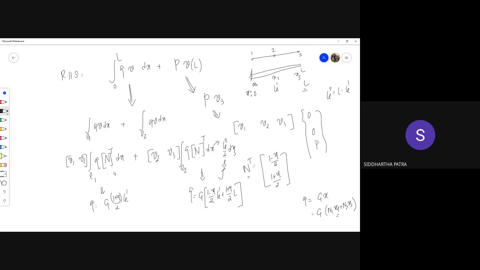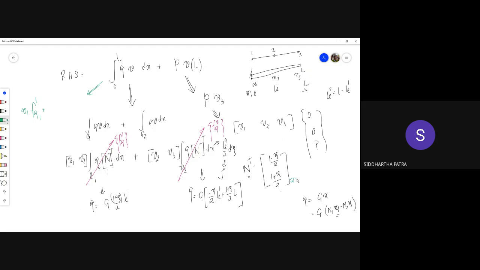Once I do this for each and every element, this whole definite integral is fq for element 1, and this whole integration is fq for element 2. That is the force vector due to the distributed load. So in the end, this integration is v1 times fq1 of 1 plus, see, it's a vector of two components, right?